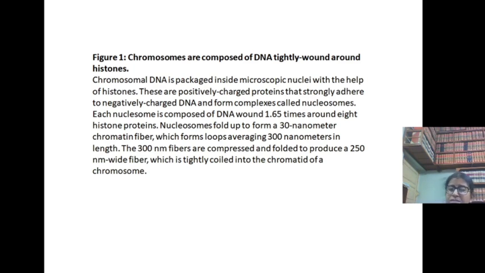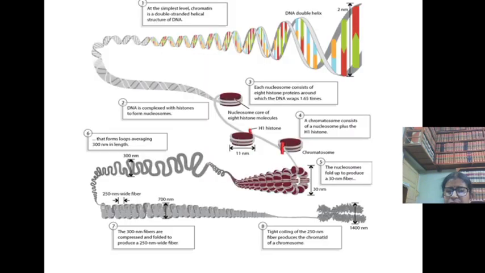and then the 300 nanometer fibers are compressed and folded to produce a 250 nanometers wide fiber. So how does it look like? So it looks something like this. So from step 5 the nucleosome folds up to produce a 30 nanometer fiber, and from there it forms loops averaging 300 nanometers in length.